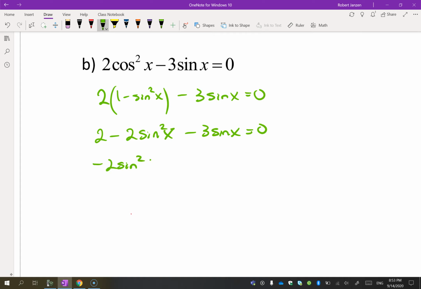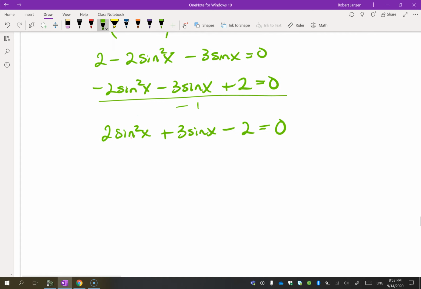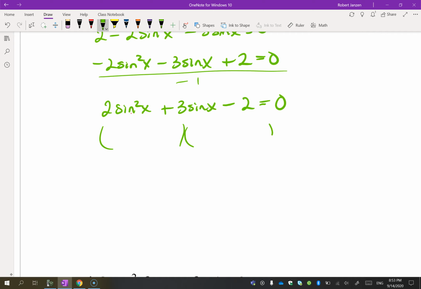I'm going to rearrange the order. And then I don't like the negative to factor, so I'm going to divide everything by -1. So I get 2 sine squared plus 3 sine minus 2 is 0. And I should be able to factor this. 2 sine and sine. I think I'll put plus 2 minus 1.